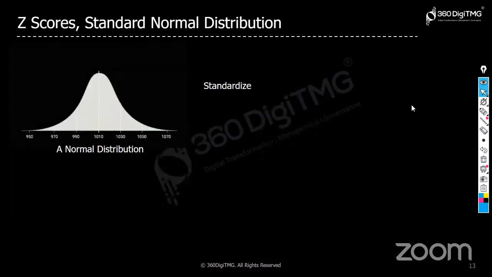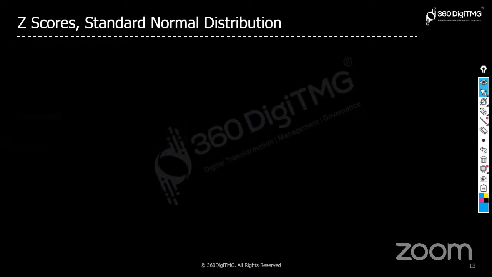Coming to the next sheet, we have z-score and standard normal distribution. So what is z-score and what is standard normal distribution? Suppose imagine you have normally distributed data. For normally distributed data, you will have some mean.